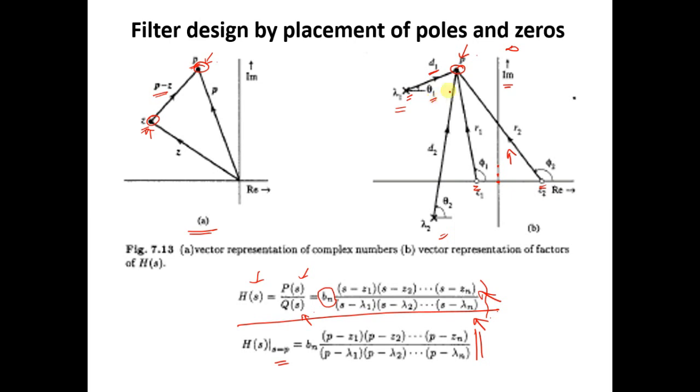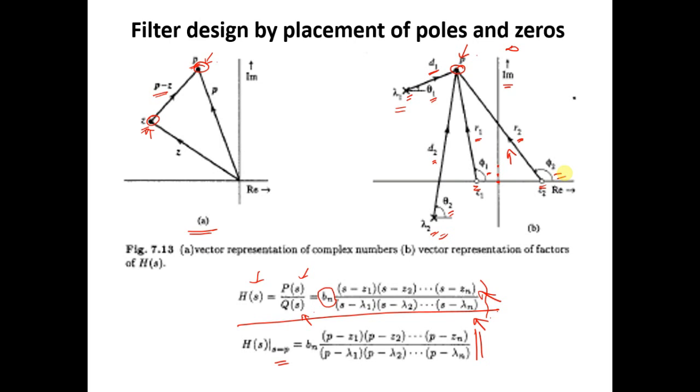Similarly, for the second pole, d2, theta 2. Likewise, for the zeros, we have r1, phi 1. We are denoting the length as r1 and the angle as phi 1. Then r2, phi 2.